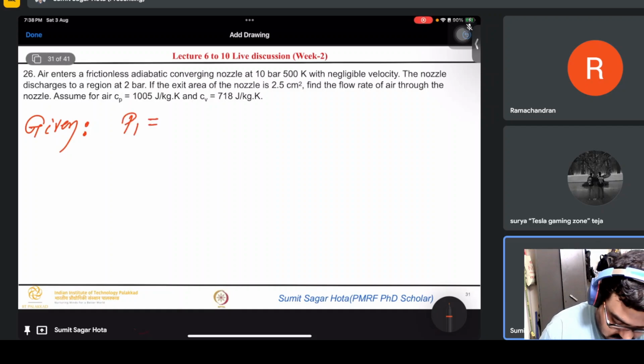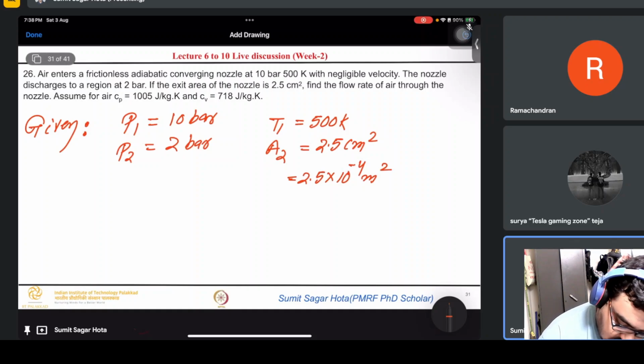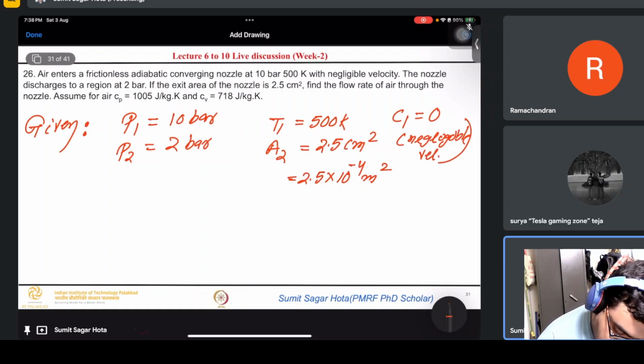So obviously P1 is 10 bar, P2 is 2 bar, T1 is 500 Kelvin, A2 is 2.5 centimeter square, which is 2.5 times 10 to the power minus 4 meter square, and C1 is equal to 0 because of negligible velocity. Here I am assuming 1 as inlet and 2 as exit.